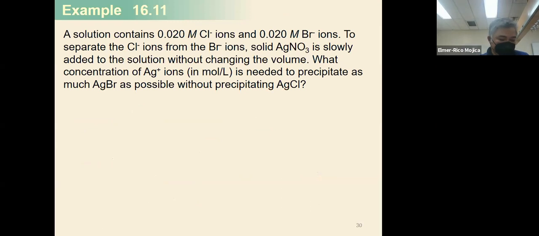This one is selective precipitation. You're taking advantage of your KSP value to precipitate a certain compound while the other compound or ion in the solution remains dissolved. A solution contains 0.02 molar chloride and 0.02 molar bromide ion.